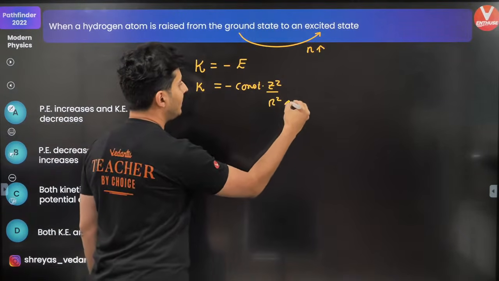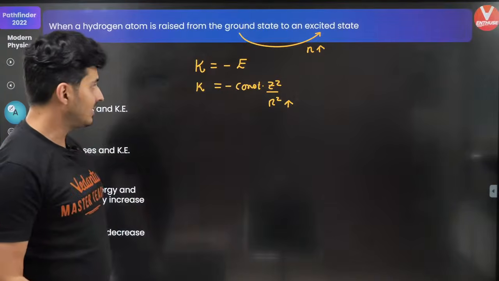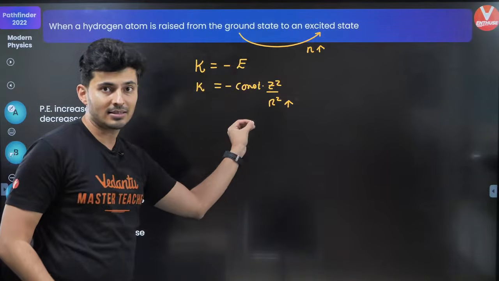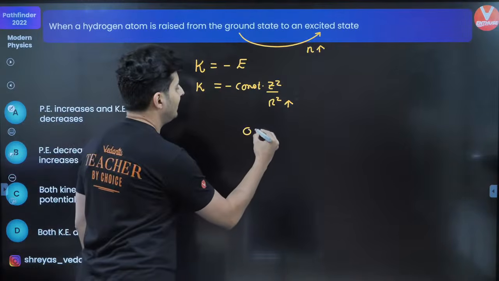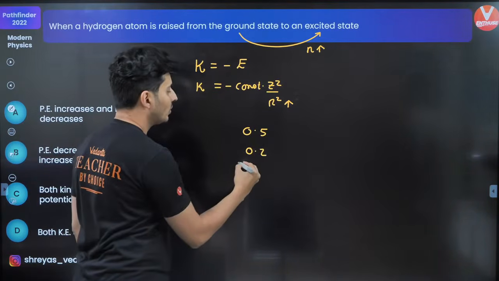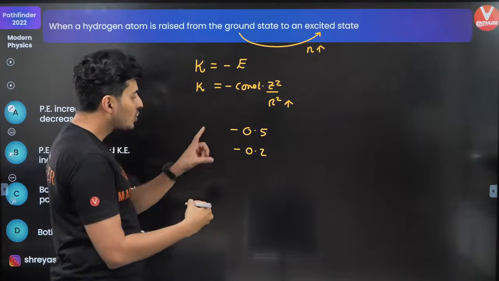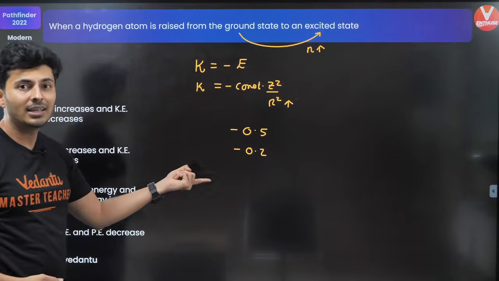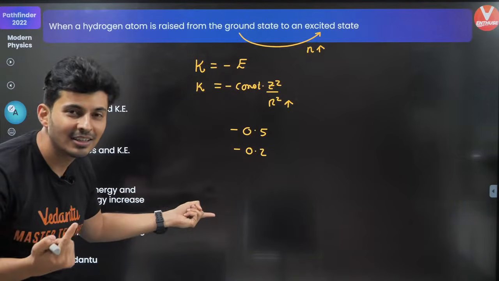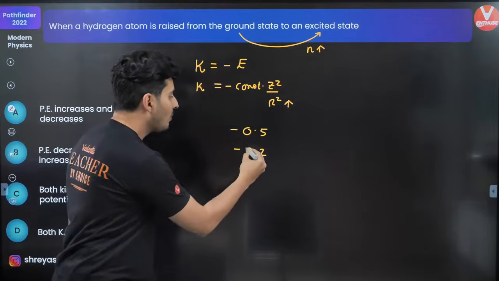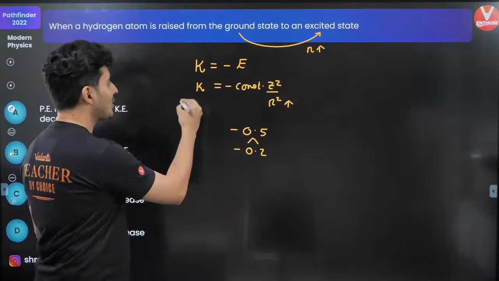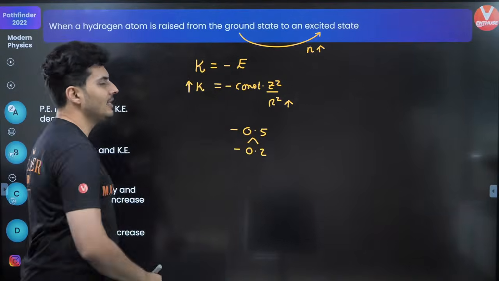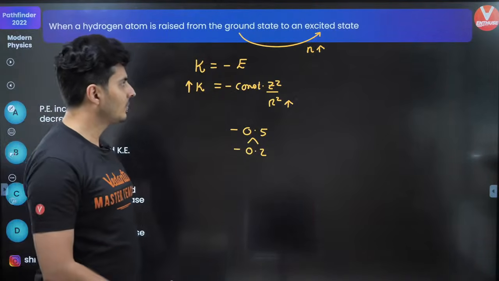If n increases, this ratio decreases. Think of it like this: from 0.5, it became 0.2, but there is a minus sign. So technically, hasn't it increased? Minus 0.2 is more than minus 0.5 because it's a negative number. So kinetic energy has increased. I hope that makes sense.